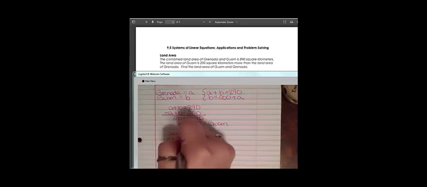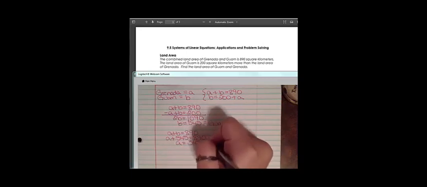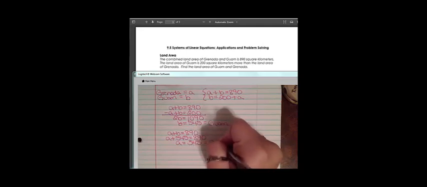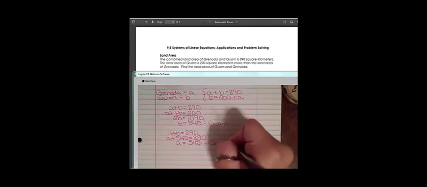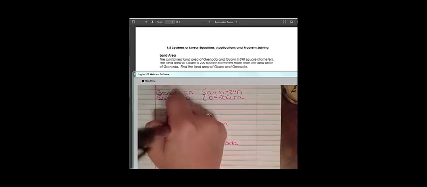So I get a equals 345, and a was the square kilometers of Granada. Okay, so this is if we did the addition method. And those are our answers.